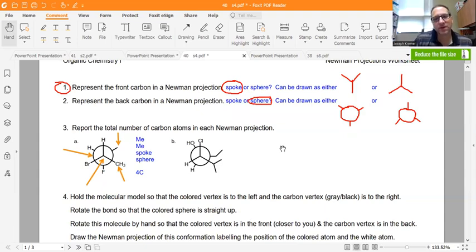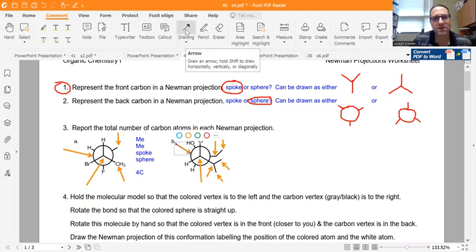And with that information in hand, maybe that'll make answering letter B better for you. So I'm going to start out here. This is an ethyl group. Vertex, endpoint. Here we have an isopropyl. Vertex, endpoint. Here's another endpoint. And we have a spoke and a sphere. I believe that's it.